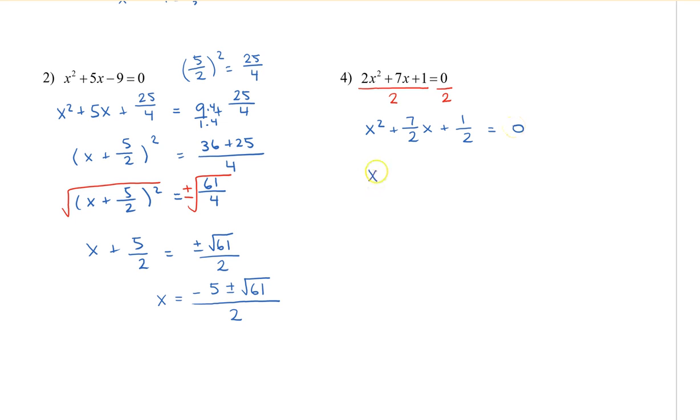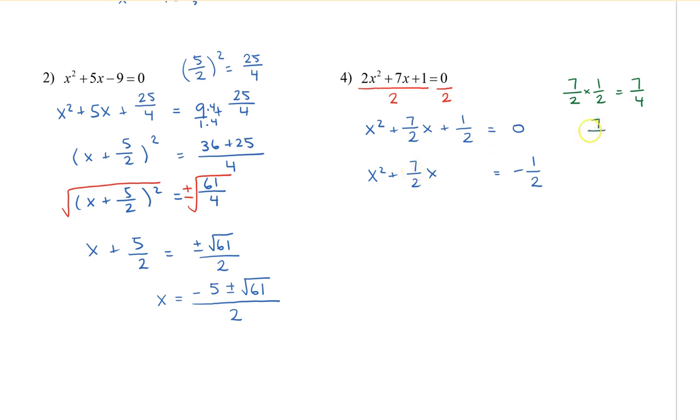Okay, so now I'm going to move my constant of a half to the right, so I get negative a half. And then I'm going to complete the square on the left. So I'm going to take my 7 over 2, and remember I have to half that. So that's going to give me 7 over 4.